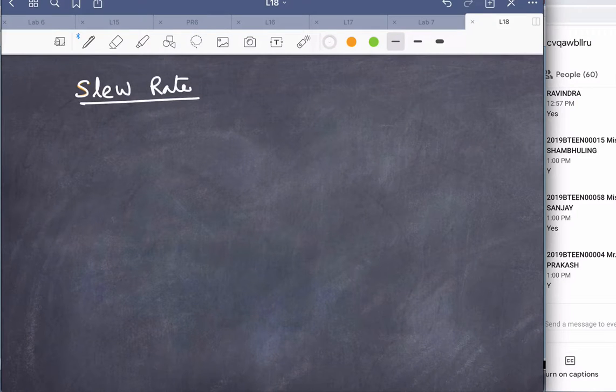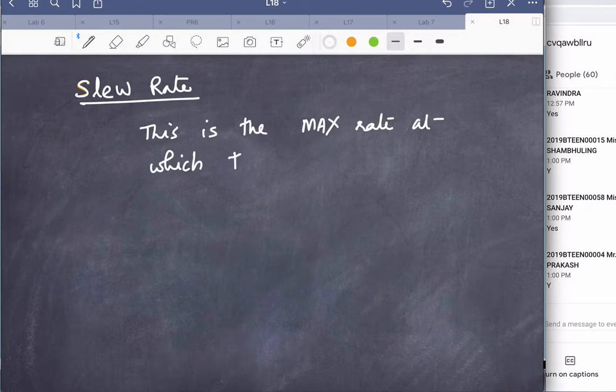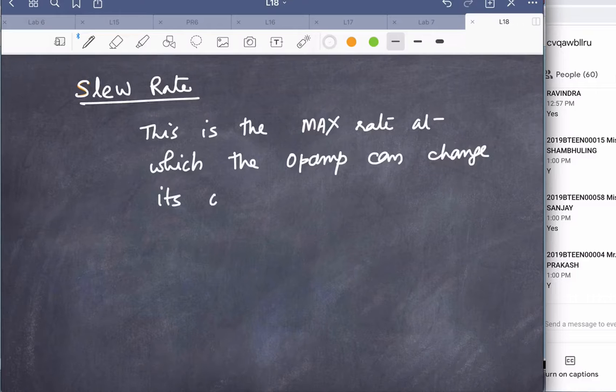So this is the maximum rate at which the op-amp can change its output.